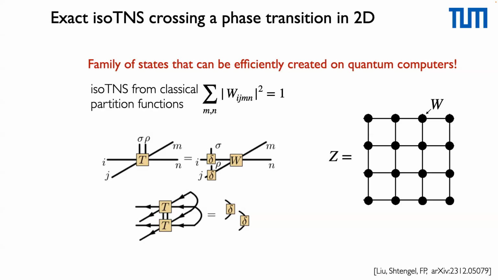So we have a subset of partition functions which fulfill this row or column normalization condition, and these are automatically isometric tensor networks.